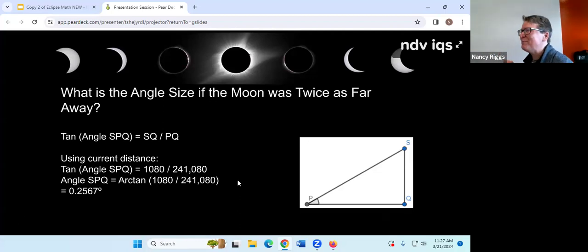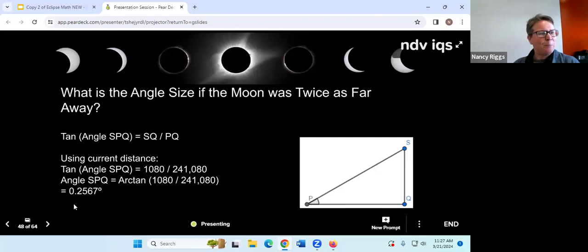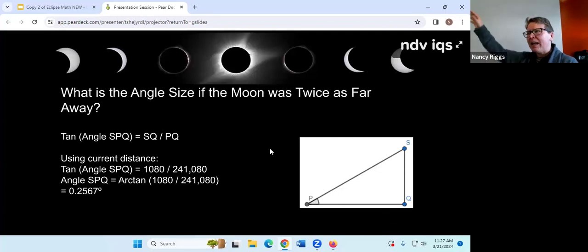I'm using degree mode up here just because most of us understand degrees a little bit better. But if you type in that tan -1 of that fraction, you should hopefully get about 0.2567, and that is in degrees. Now that's a pretty teeny tiny angle. But again, the moon is really, really far away.